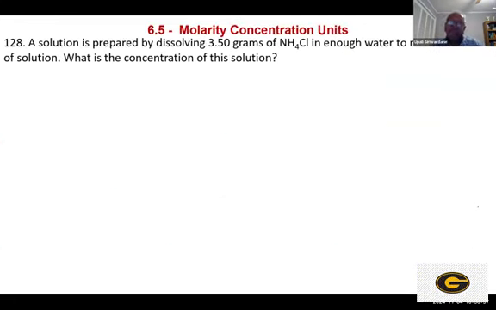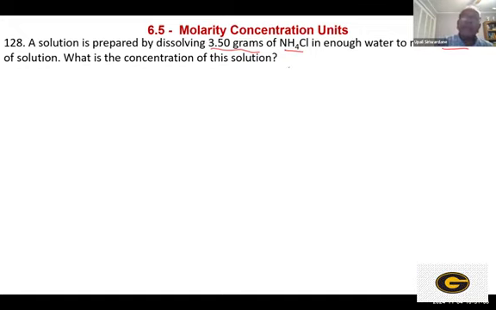Molarity is a concentration unit we use for solutions. In chemistry labs, we use molarity. A solution is prepared by dissolving 3.5 grams of ammonium chloride in 250. What is the concentration?